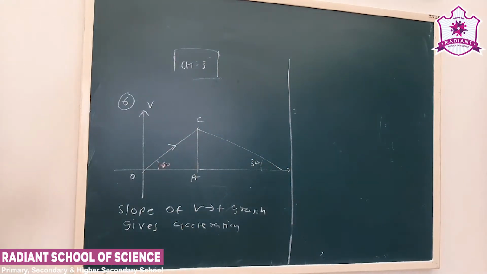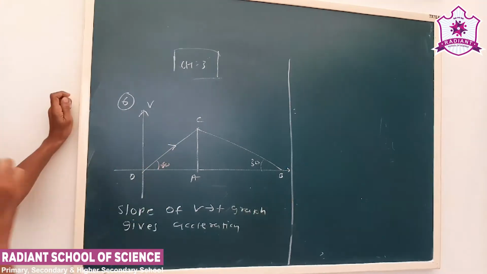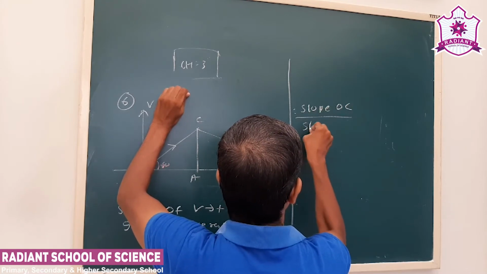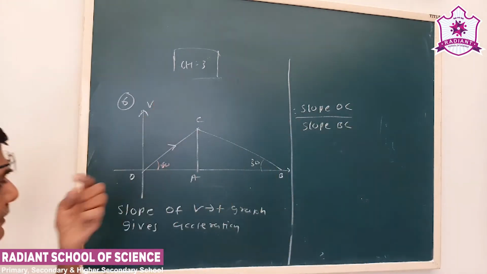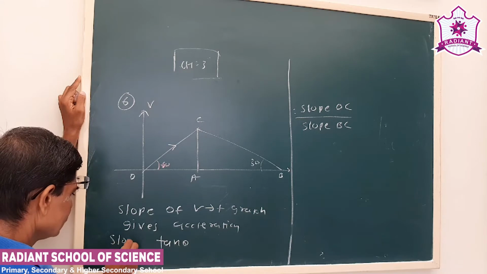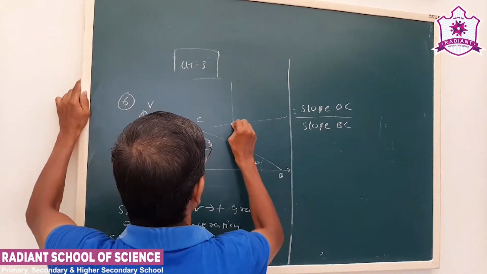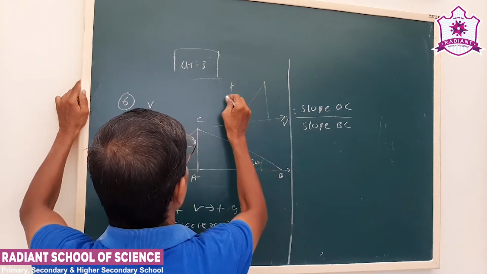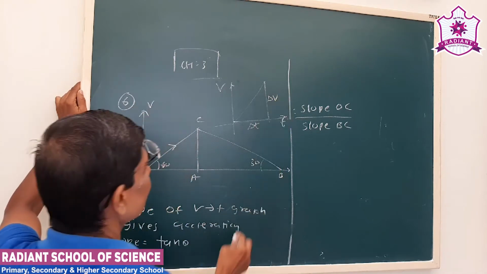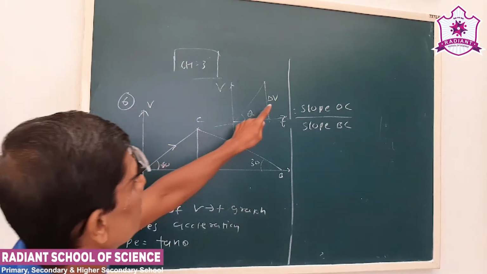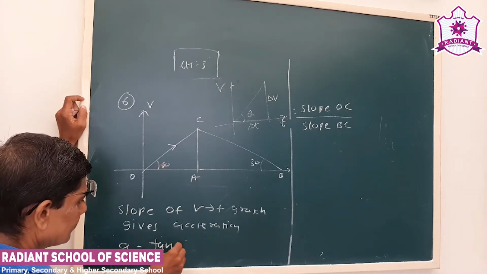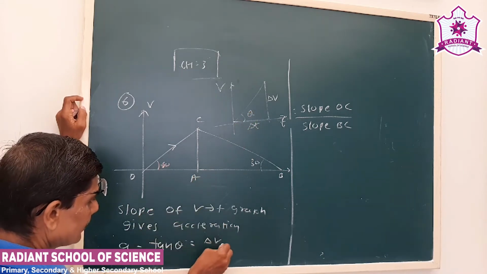Now slope of OC upon slope of BC. Earlier we have seen the slope is tan theta. In the velocity time graph, this will be delta t, this will be delta v. Tan theta is opposite upon adjacent, so acceleration is delta v by delta t.